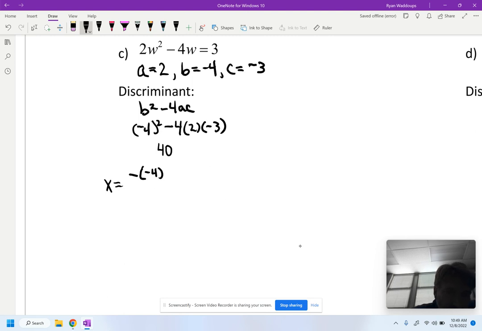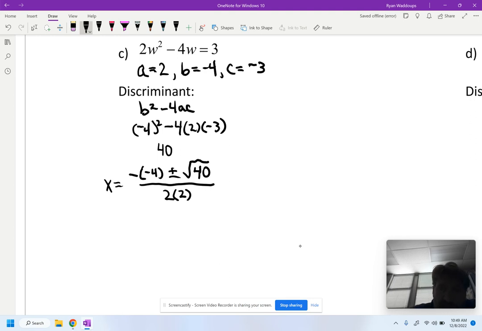And then multiply the signs, which gives you positive 4, the opposite of the b value. Plus or minus the square root of 40 from the discriminant 40. And this is all over 2a, and that's 2 times a, which is 2.